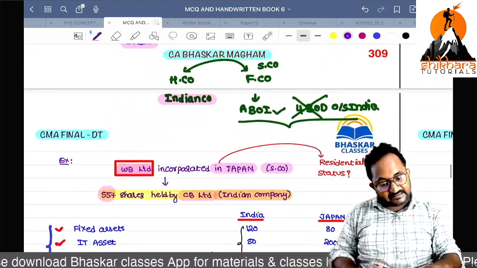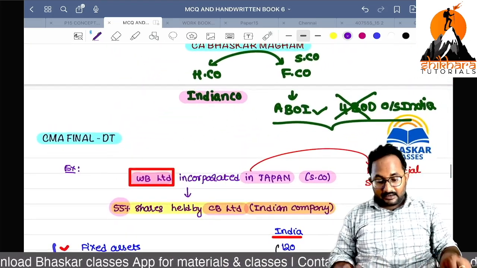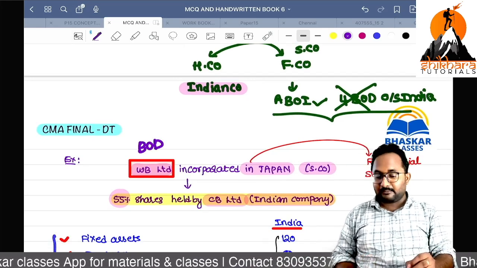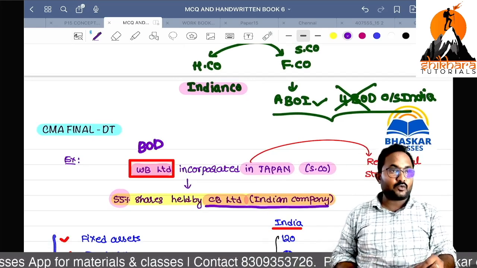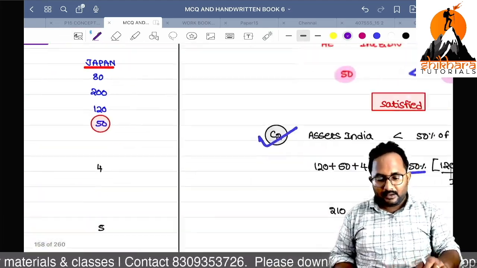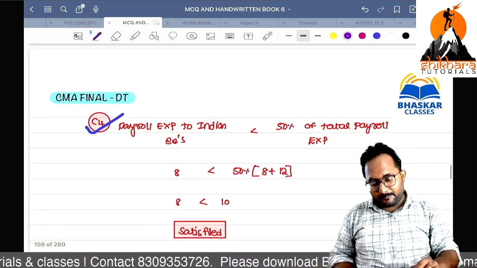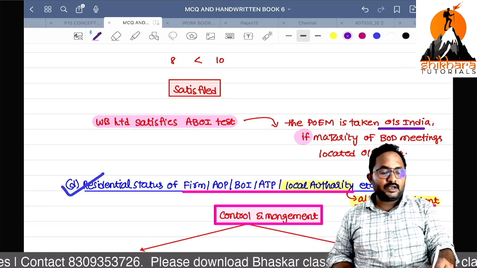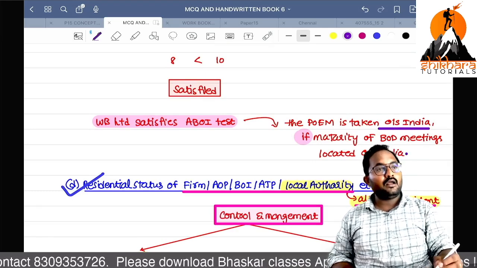Here 55% is there, but the decision making authority is their board of directors only. I am not given anything about the holding company or holding company directors taking decisions related to the subsidiary. So that's why, POEM we can take simply outside India, if the board of directors' meetings, the majority of them, are located outside India.